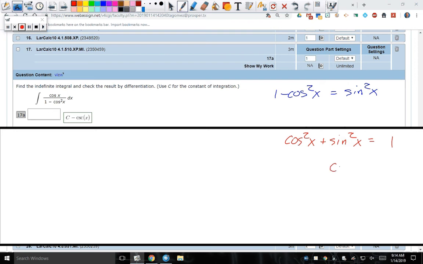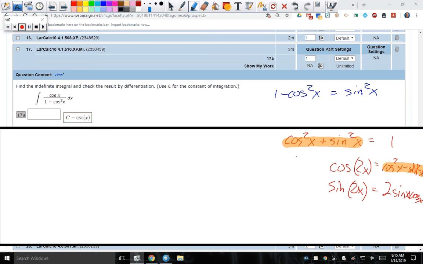The other two are cosine of 2x and sine of 2x. These are identities that you're going to continue to use in manipulations for the rest of the year. So 2 sine cosine, and this is cosine squared minus sine squared.